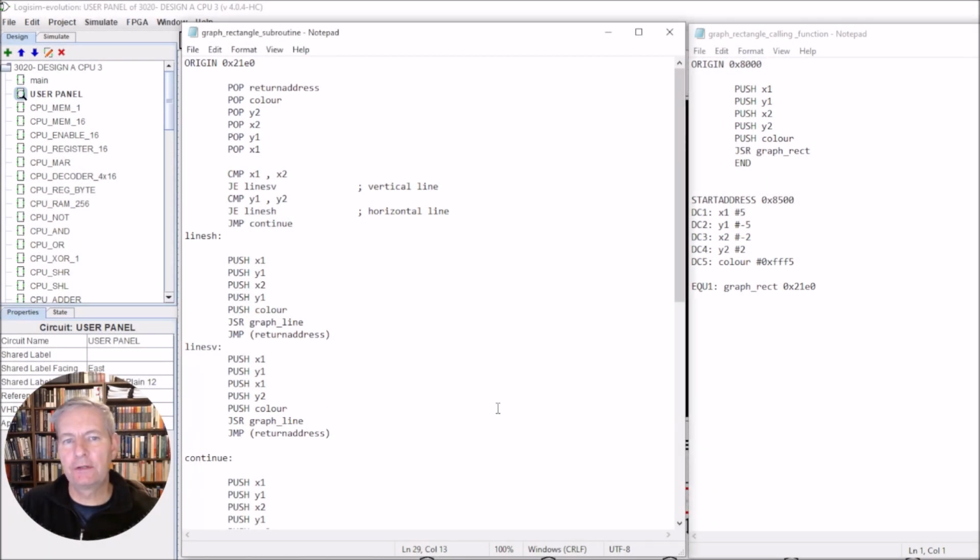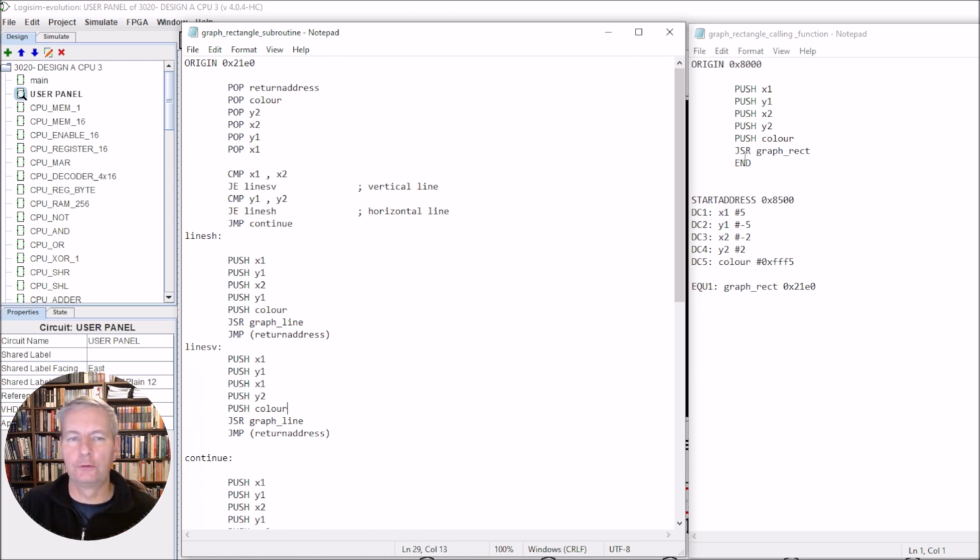Now, as in the previous videos, we're going to have 2 pieces of code. The code on the right is the calling function, the code on the left is the subroutine. So let's talk through the calling function. So we're going to push the values x1, y1, x2, y2 and the colour onto the stack.